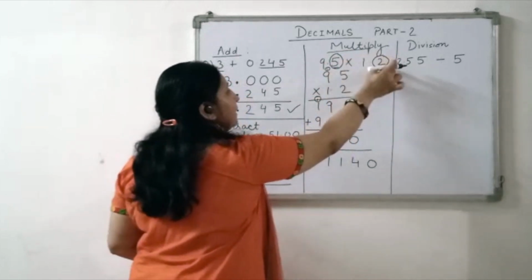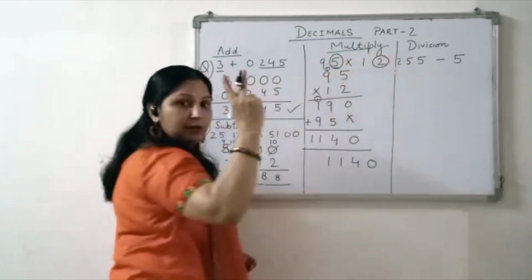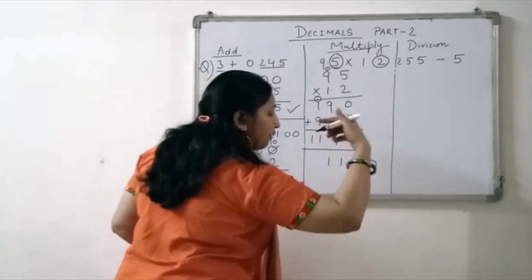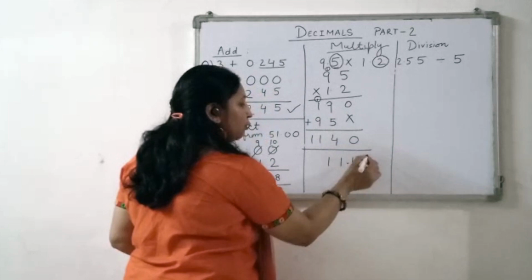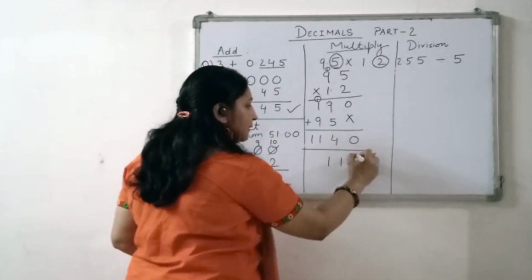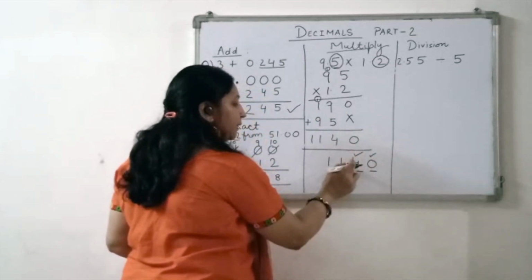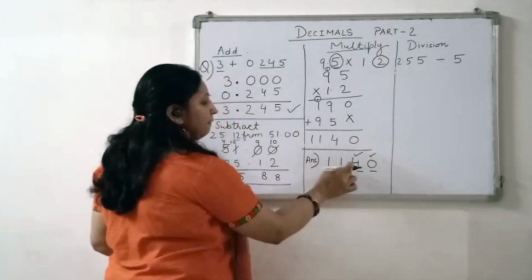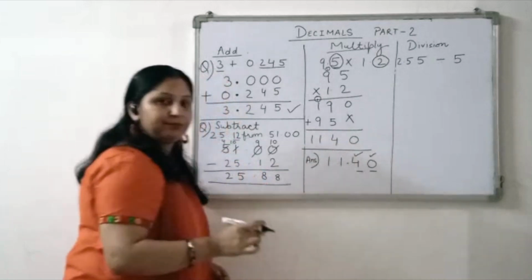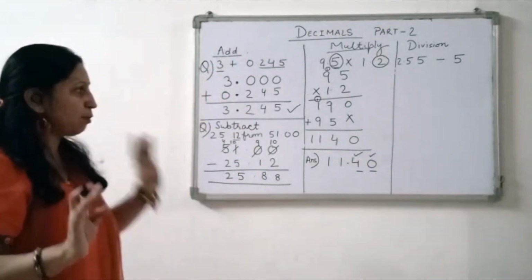So one plus one will become a total of two decimal places. From your right-hand side, we are going to place the decimal after two places. This is the first place, this is the second place. So after two places, you place the decimal and this will become your answer, 11.40. Hope you all have understood till this point.